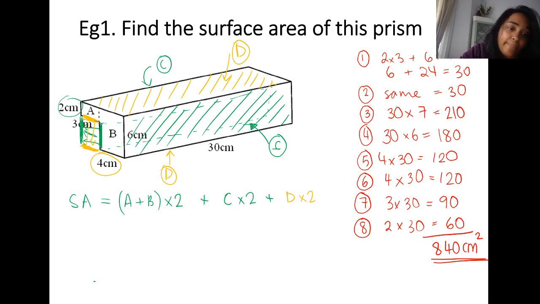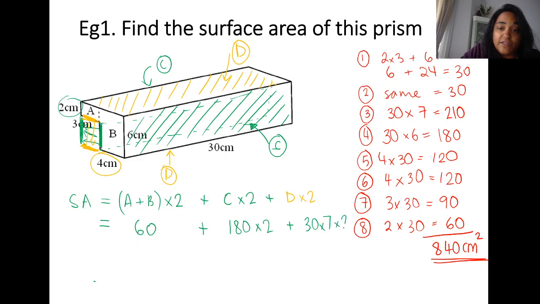So if I carry on working those out, we know that A plus B was 30, so we've got 60 for this part. Well, C, we worked out 30 times 6, which is 180, times 2. And then we have D, our top surface, which is 30 times 4 plus 3, so 30 times 7, which is 210.